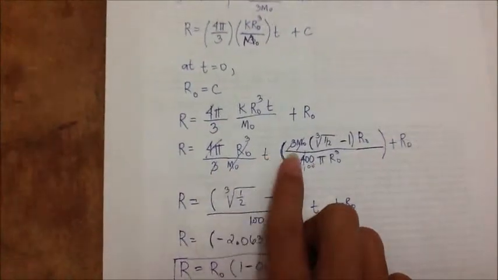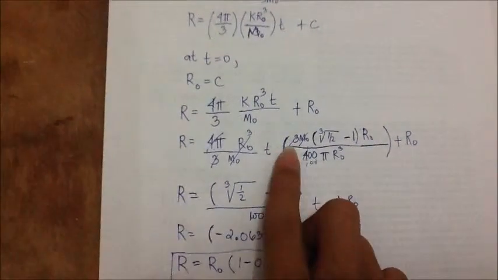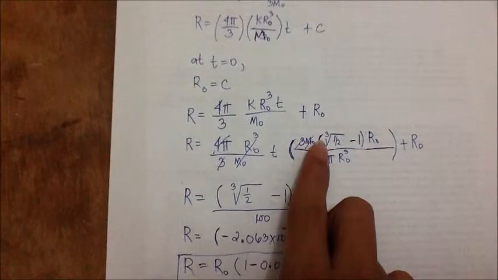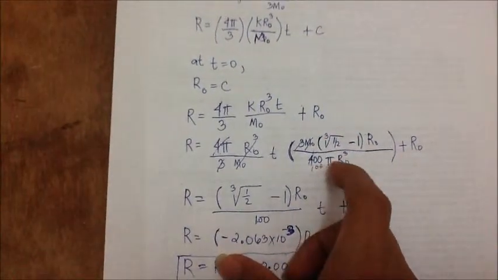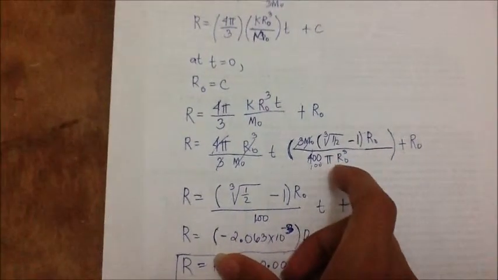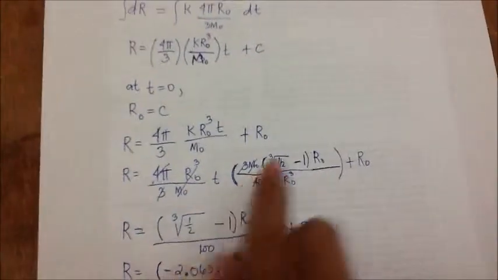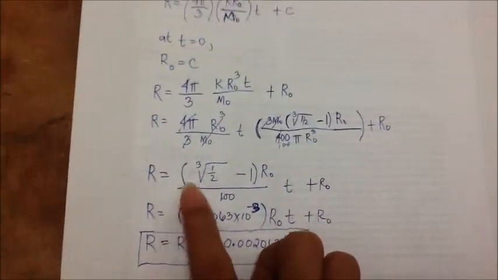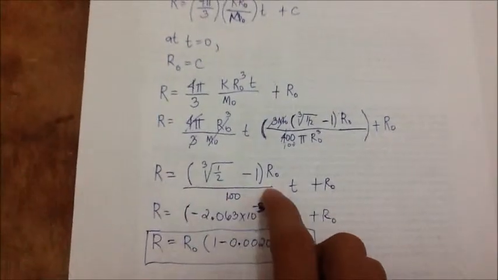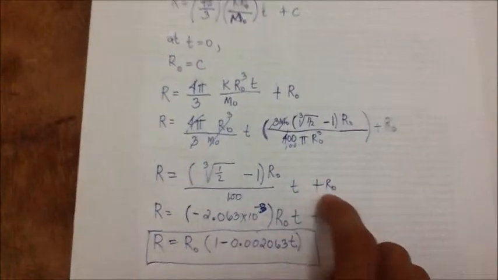So k is equal to 3 m sub o times the cube root of one half minus 1 times r initial over 400 pi r initial cubed, plus r initial. We get the cube root of one half minus 1 times r initial over 100 t plus r initial.